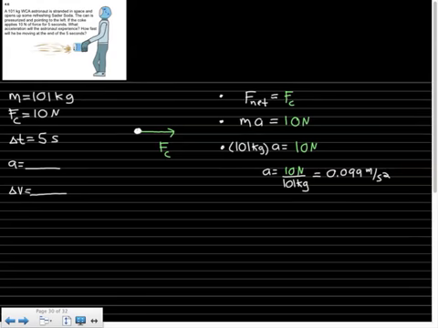Awesome. So there is our acceleration. Now we can come over and write it here: 0.099 meters every second squared.